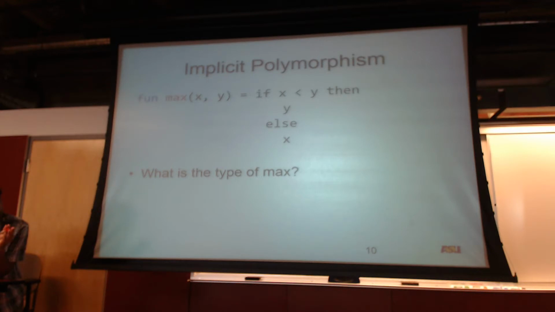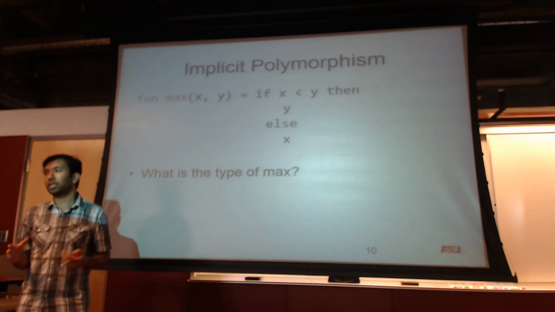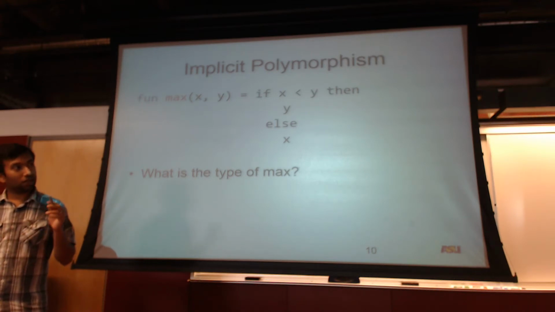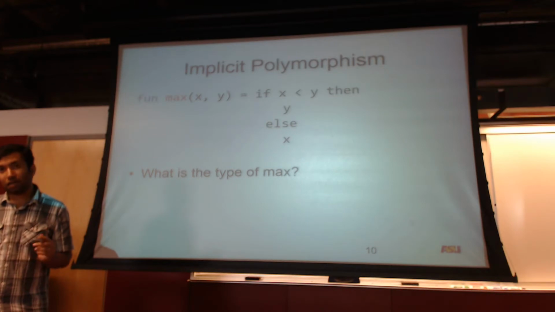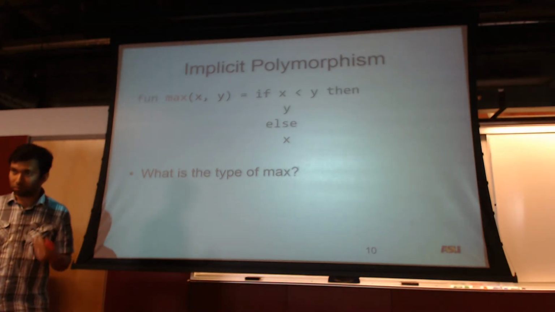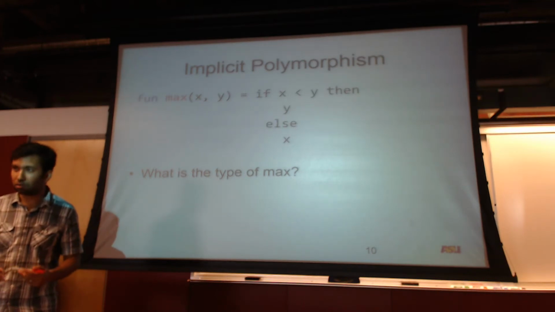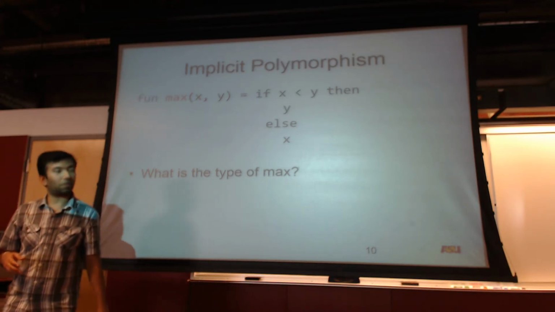So now intuitively, what should be the type of max? If you don't want to have that kind of a mix, a contradiction in the return type, and if you assume that the less than operator always operates on the same type, you cannot have an integer and a character and then compare, right? If you don't have that, then what should be the type of max?